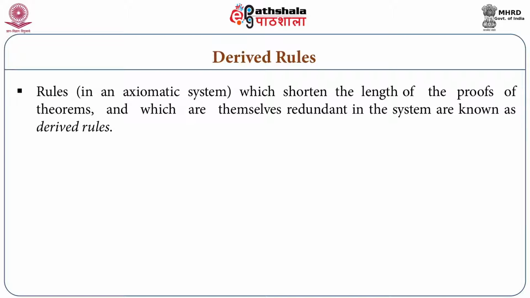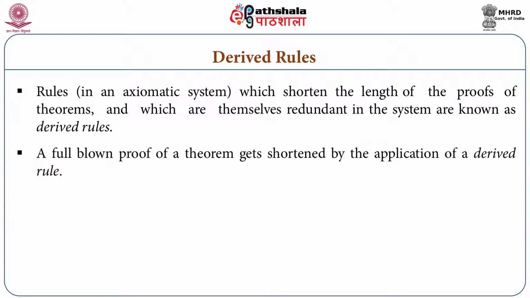So in other words, we can have more and more rules if more and more theorems are proved, because now theorems are functioning more like an axiom, where we have seen in the early modules that axioms can be brought in anywhere as part of the proof. So also if proof can be given for those theorems, then we can use theorems themselves as part of the proof. This very idea is called derived rules.